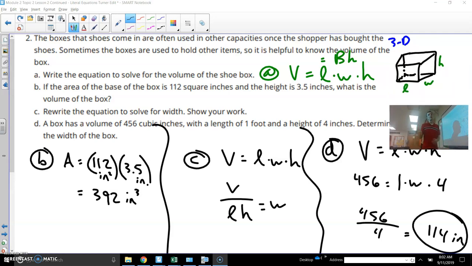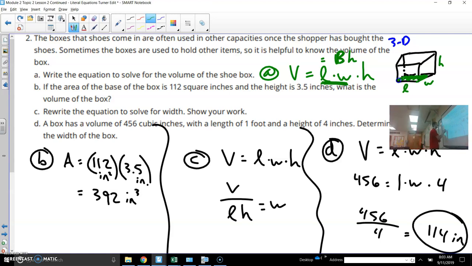Now it could also be that you already knew the area of the base. So if you knew the length times the width part, you could say it's the base of the bottom of the prism times the overall height, but that's really not a new formula. That's just combining 2 of them and thinking of that being a 2-dimensional area space. So part B says if the area is 112 and the height is 3.5, what is the volume of the box?